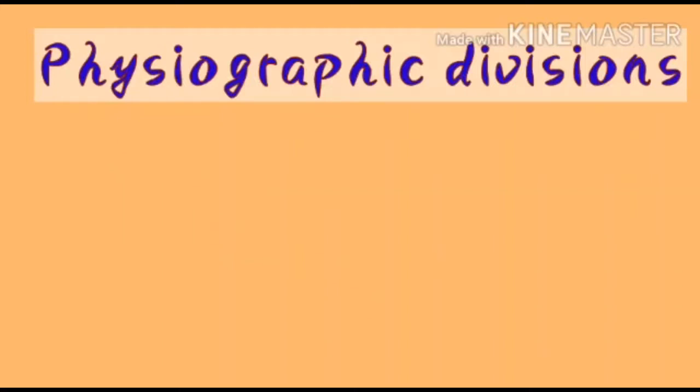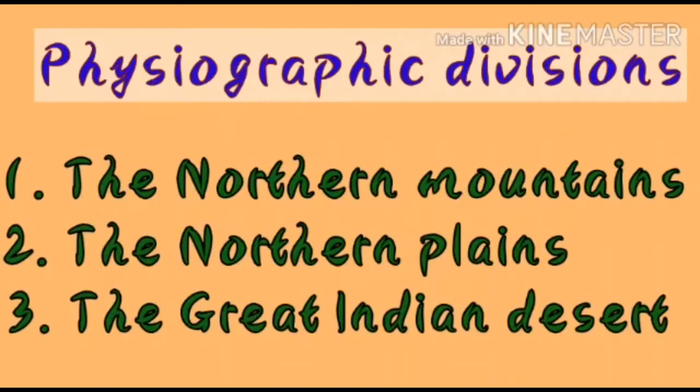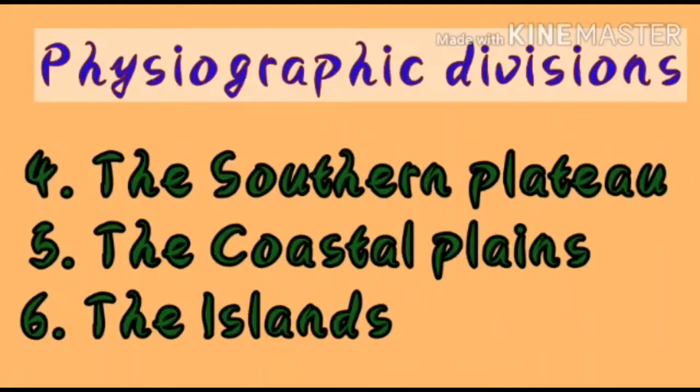What are the 6 physiographic divisions? There are the northern mountains, the northern plains, the Great Indian Desert, the southern plateau, the coastal plains, and the islands.